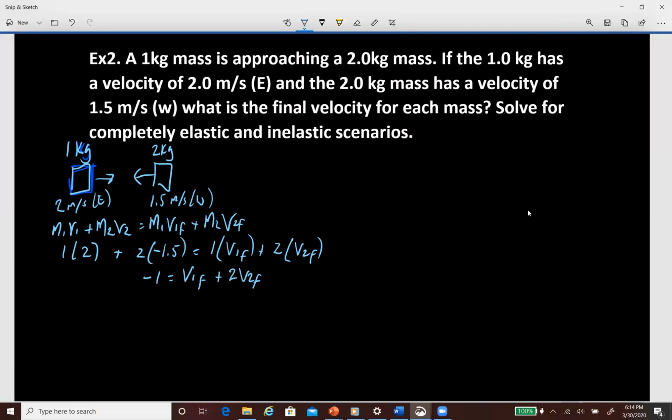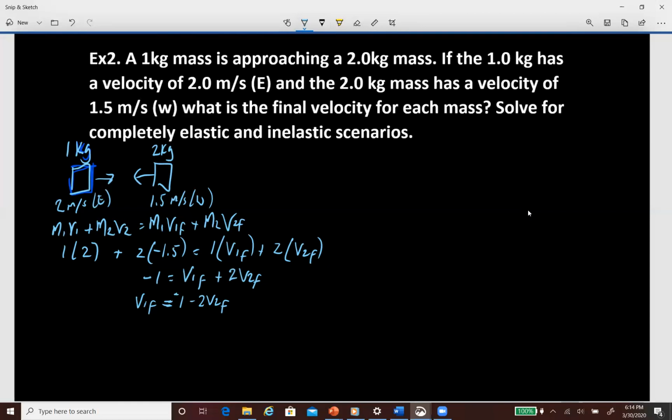Okay, so we can rearrange and say v1f is equal to negative 1 minus 2v2f. Okay, so here's my equation. Let me make that a little bit nicer.